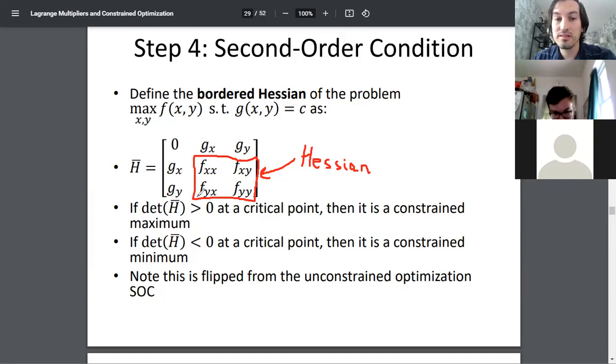That's here, this little part of this matrix. By the way, this matrix will be called H bar. If you're thinking of how should I speak of this, you could either call it the bordered Hessian, or if you want a quick name for it, H bar is fine.